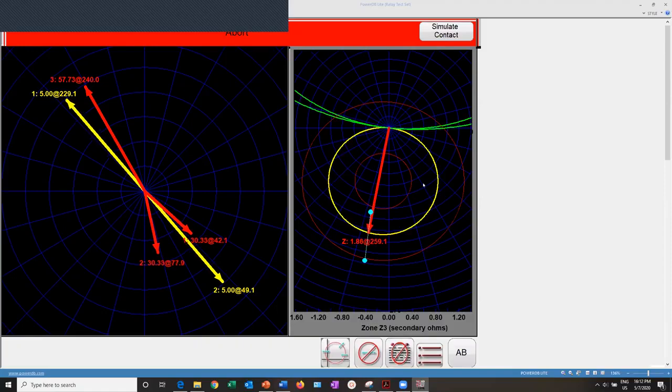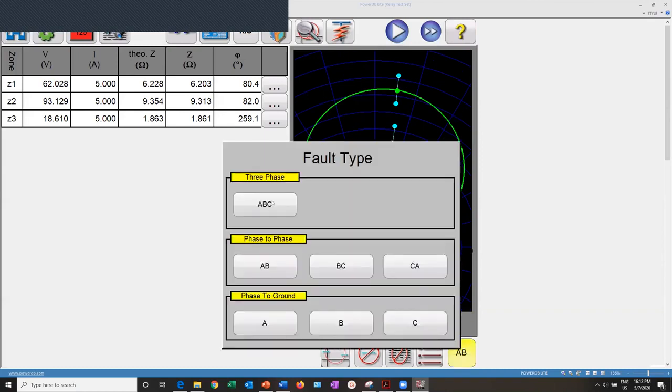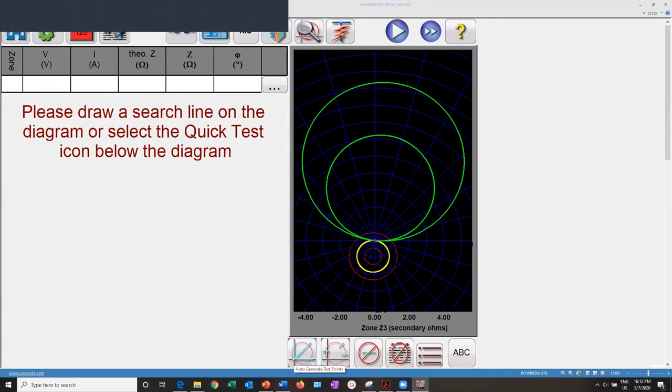So now I'm about to finish this. Now I have my 3 results for zone 3. I could use more points. I'm simply going to select an ABC fault, and here I could choose the search mode, for example, this type of search mode where lines will be drawn that always have their origin at the position where the relay is located.